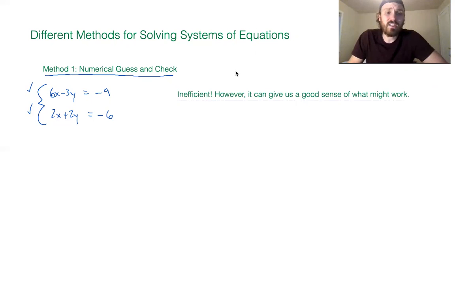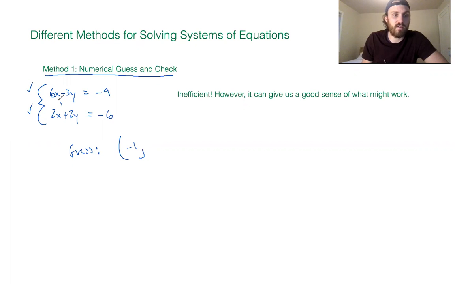So I actually don't know what the solution to this is, and so I'm going to guess, but I have no idea. Let's just guess that the point is, I don't know, let's try one here. If x was, say, -1, that would make this -6 up here, right?